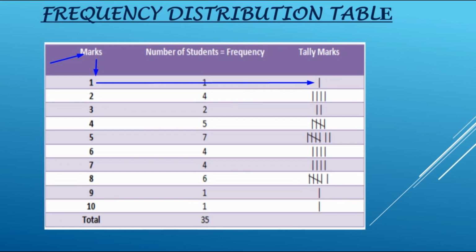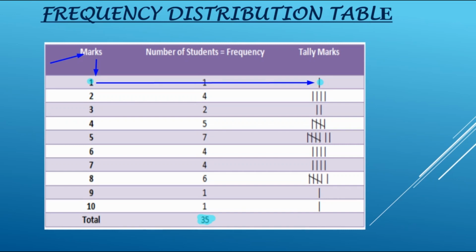Suppose you can see here, it is a class of 35 children. Out of 35, how many times does one appear? If one appears one time, one bar will be made.